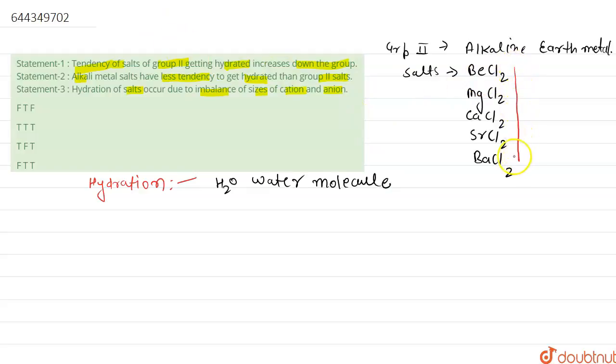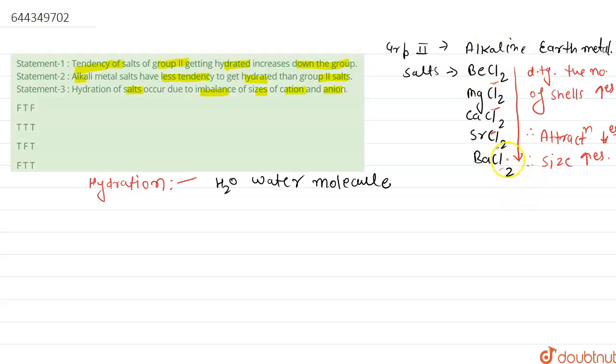We know that as we move down a group, the number of shells increases. Therefore, attraction between the nucleus and the outermost electron decreases. Therefore, size increases. Here, in these salts, the anions are the same, so we are talking about the cations only.